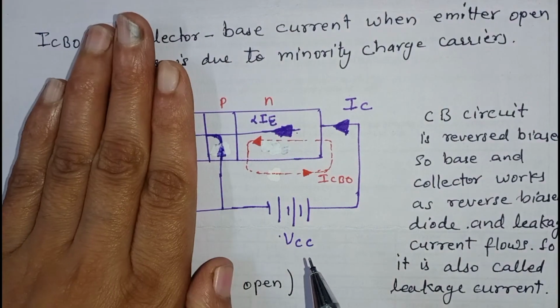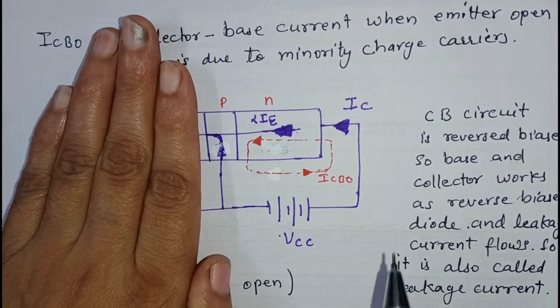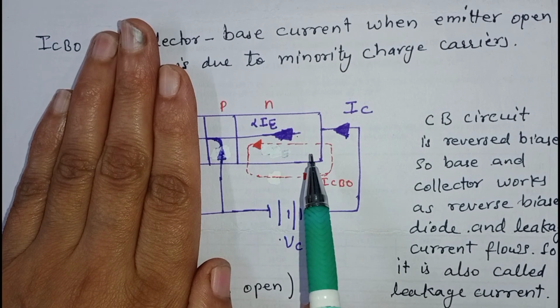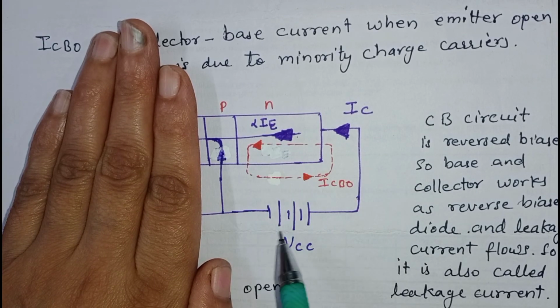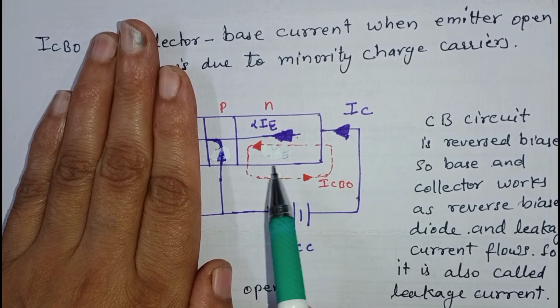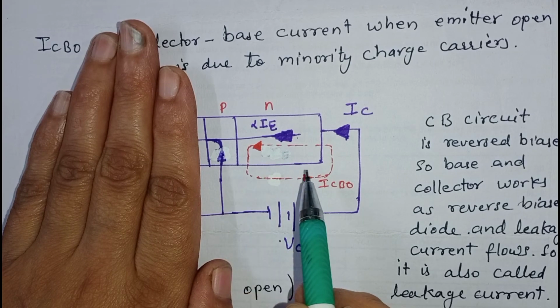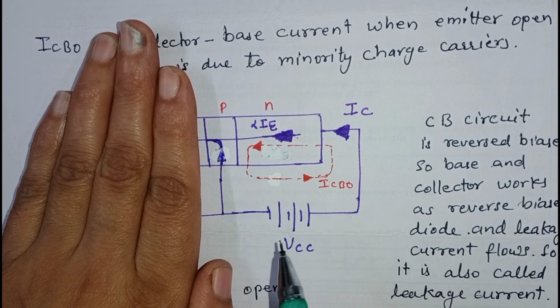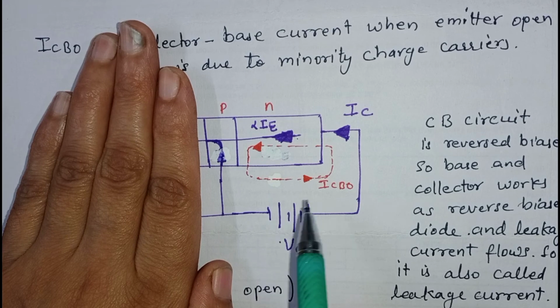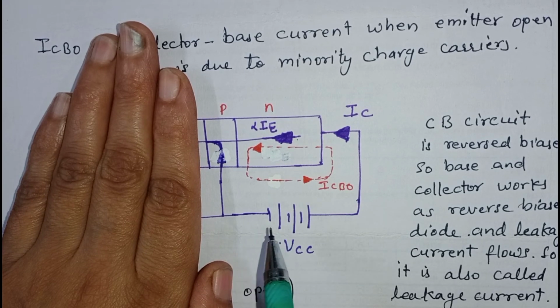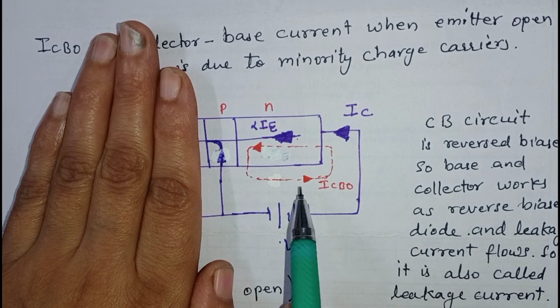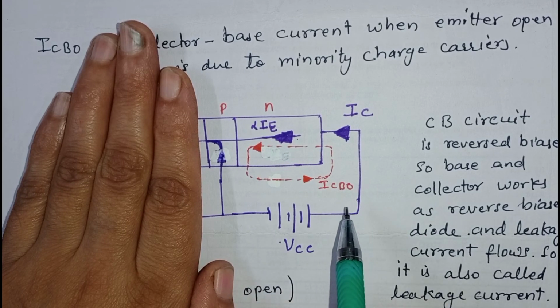So if we remove this circuit from this side, this becomes a diode and this diode is connected in reverse biasing. Because it is in reverse biasing, we know in a diode there is a leakage current and this is a very small current. So in this case only the leakage current flows in the circuit and this current is ICBO.